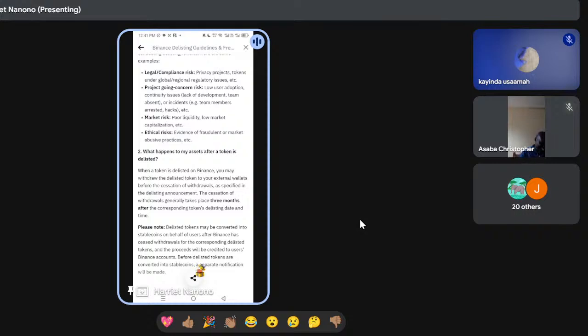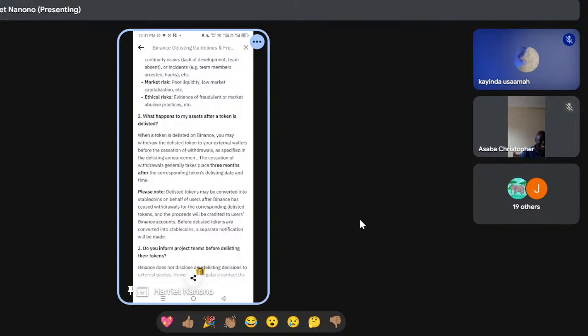Maybe you had lost your passwords, now you have recovered them, and you find the coin is delisted. What happens? When a token is delisted on Binance, you may withdraw the delisted token to your external wallets before the cessation of withdrawals.